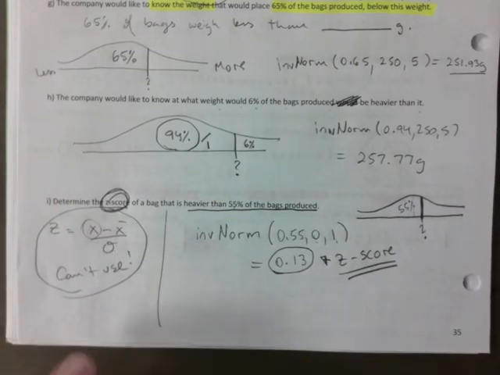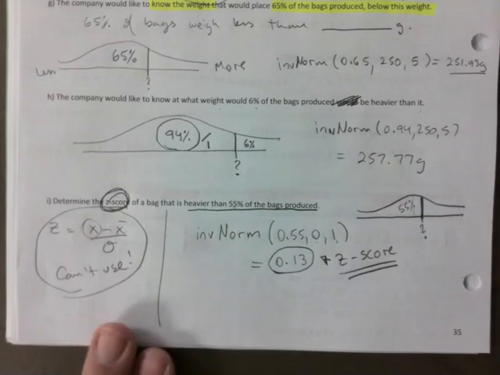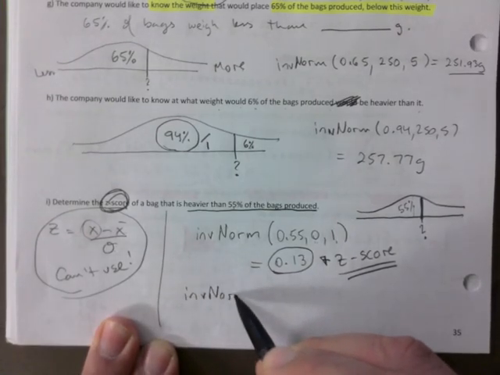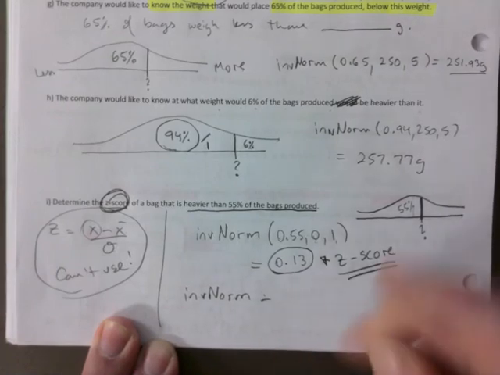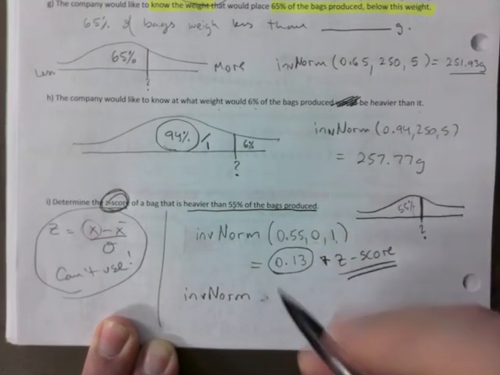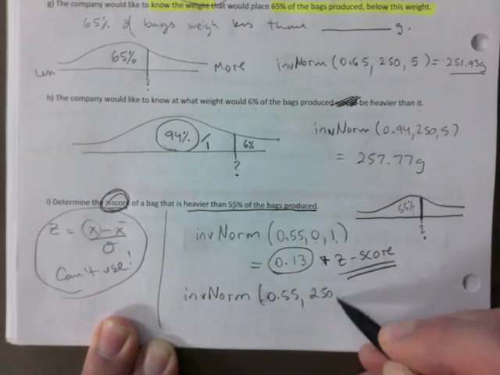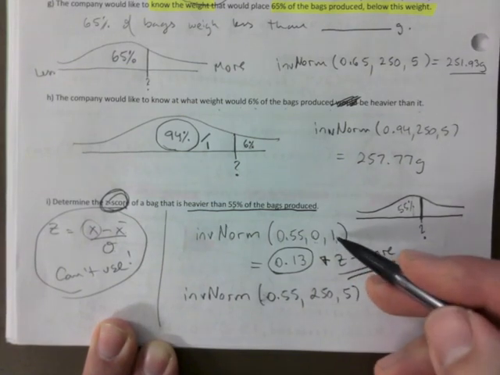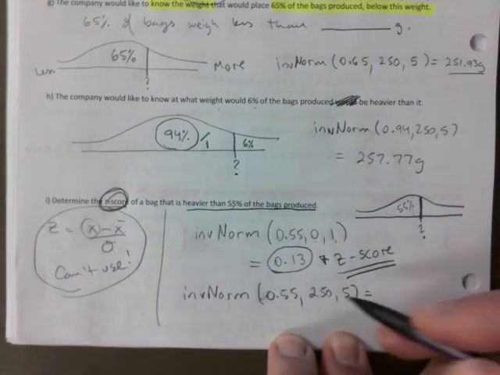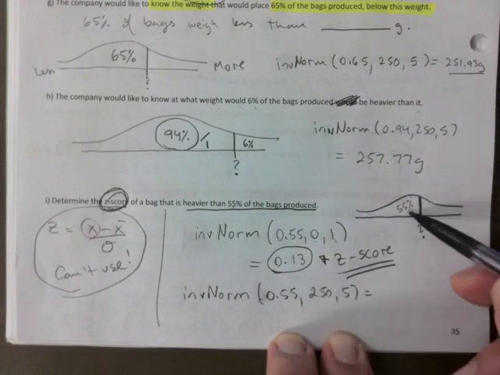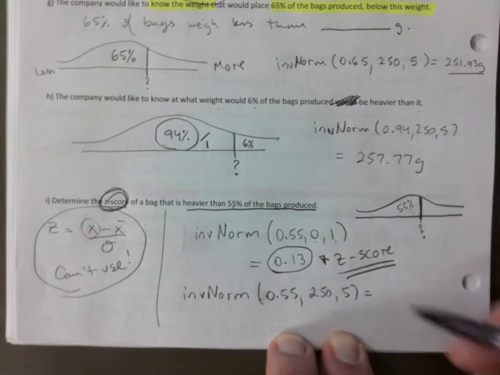There's another way of doing this. Maybe I will just show you. If you went inverse norm, maybe write this down, it's good to see the connections. Inverse norm, and you entered 0.55, and then 255 instead of 0, 1. Then you're actually finding the actual weight where 55% of bags are less than you, or you're heavier than 55%.